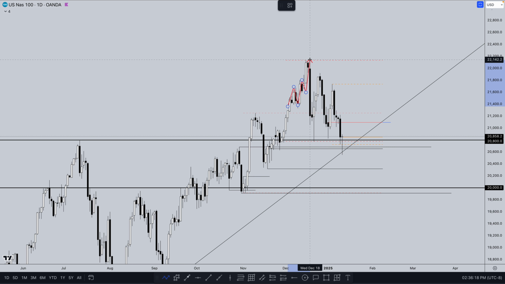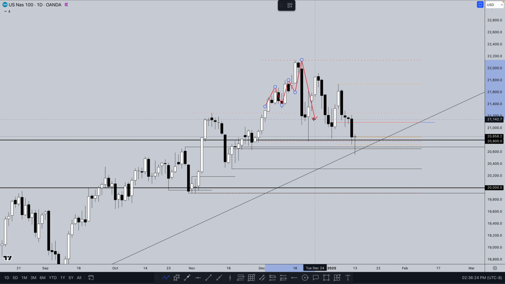And we got the last higher high before we do change character or break structure to the downside beneath these lows, right? These higher lows. Now we're making a lower low, and then a lower high, a lower low, lower high, and even another lower low. So we would really need to break above these highs here.